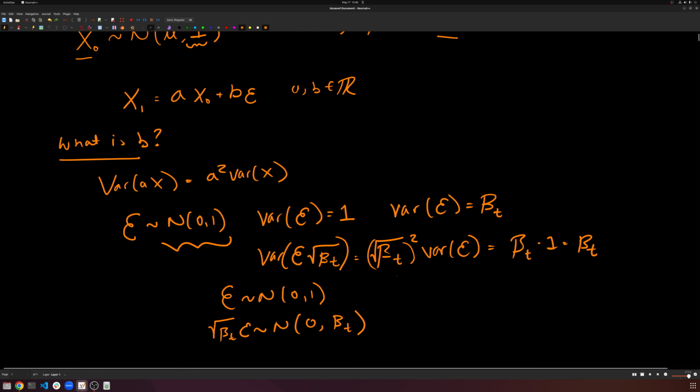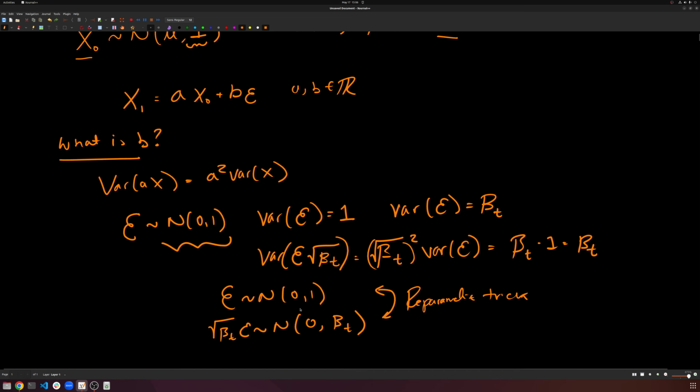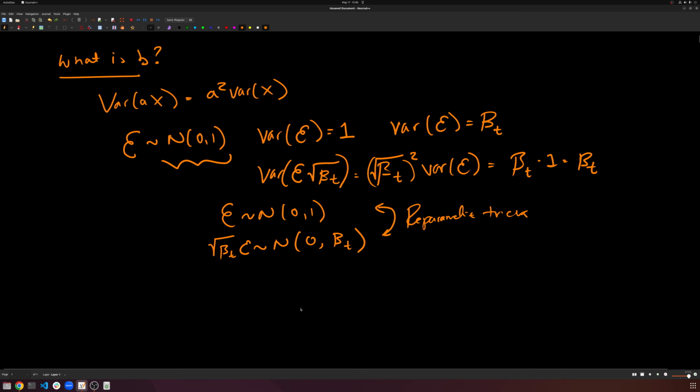So it's just a trick. If you think back to variational autoencoders, this is also the same as the reparameterization trick that we saw there, where you essentially move the stochastic node out and do this multiplicative operation, but that's okay. We're going to leave it at that. So that gives us our first constant.